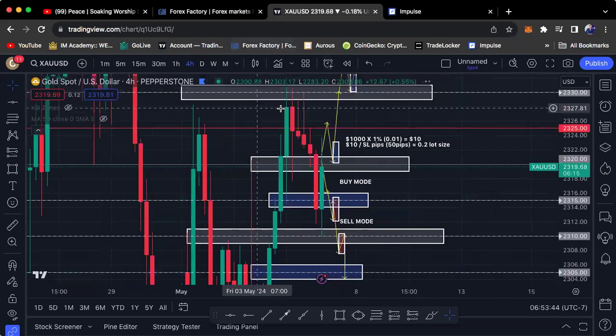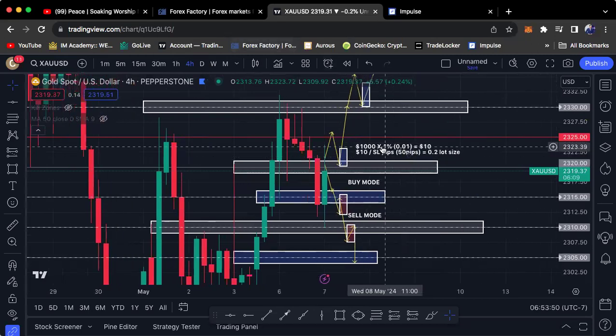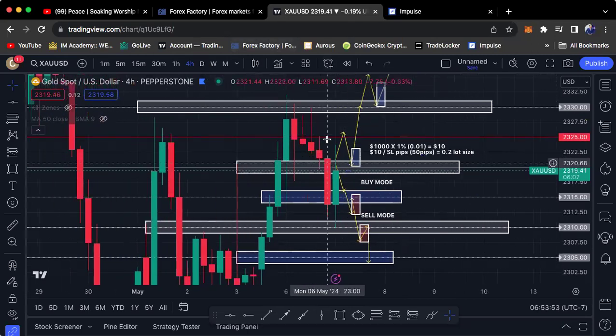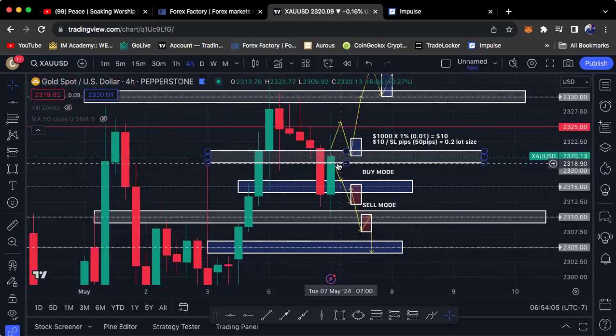Look at the 4 hour. The 4 hour has 6 minutes left. So especially the 4 hour, you can also use the 4 hour as confirmation. If the 4 hour closes bearish below this hourly zone, then that gives me more confidence to enter that sell, right?